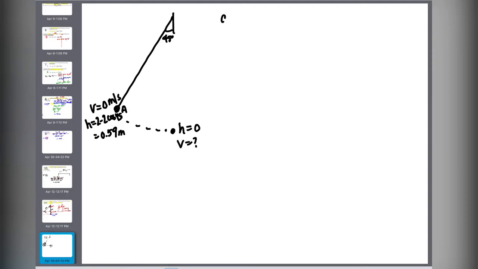What is the speed? Okay, so part A would like you to find out what the potential energy is at point A. That is where your maximum potential energy is. I know the equation Eg is mgh.